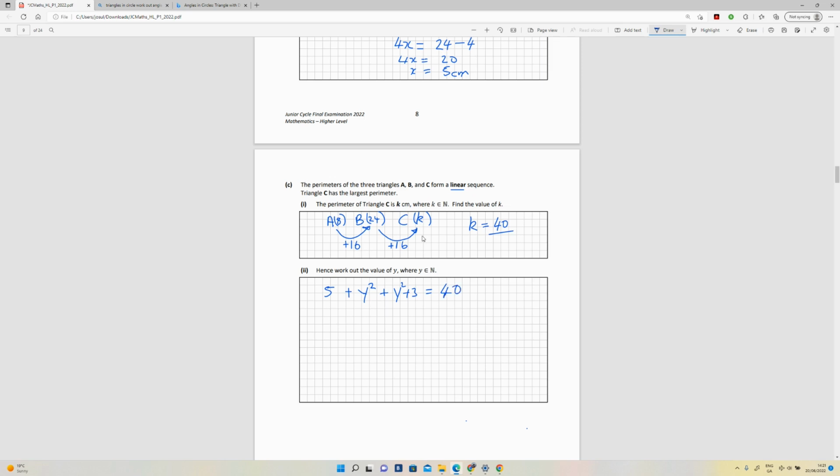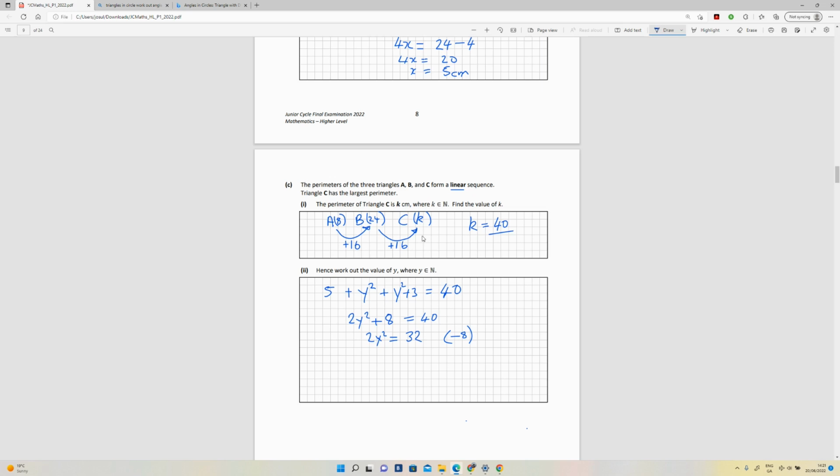Okay, so let's simplify that. So 2y squared plus 8, when I add the 5 and the 3 together, is equal to 40. Get y squared by itself. So bring the 8 across, so subtract 8 from both sides. Sorry, this should be 32 now, by taking 8 away from both sides.